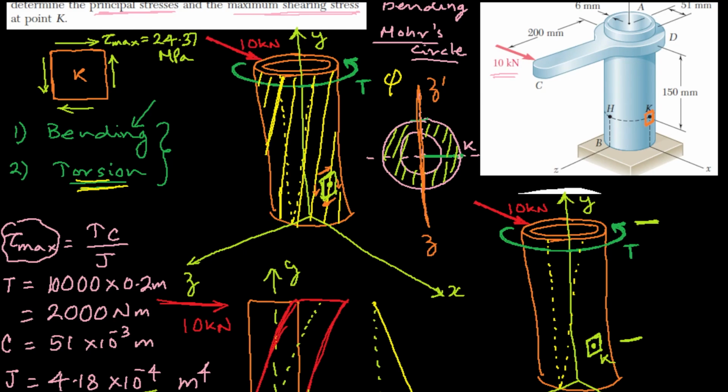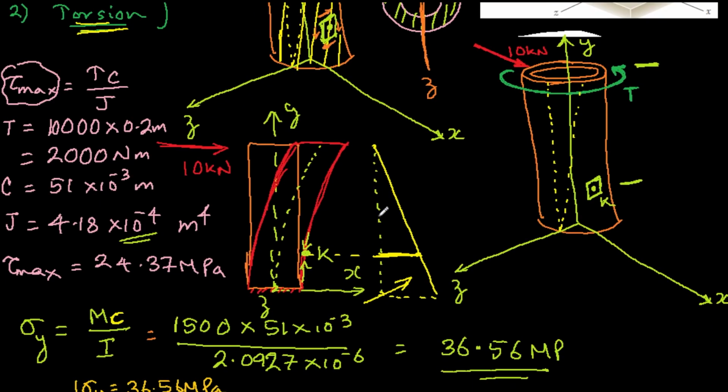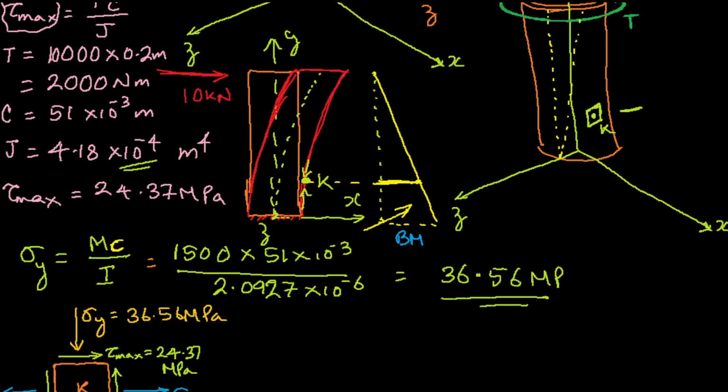The only thing is, there is this force which is acting. So if you also draw the shear force diagram, this was the bending moment diagram, right? If you draw the shear force diagram, a constant shear is also acting throughout the length of the pipe. But that shear stress is acting in this direction.